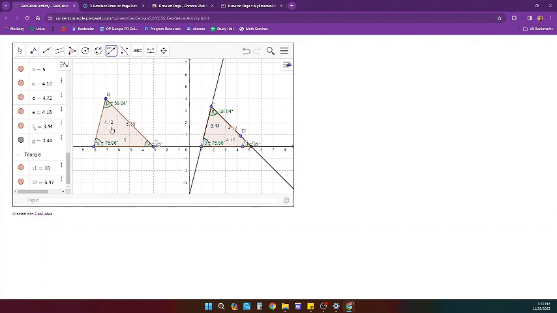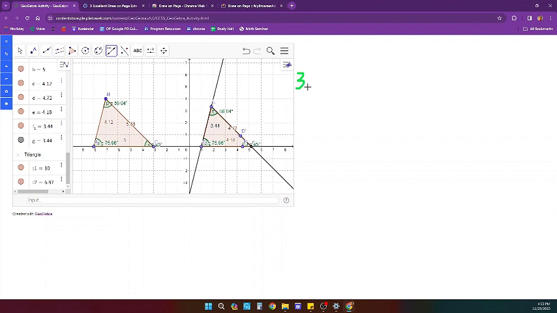So we have 4.12, 5.66, and 5 for ABC, and 3.44, 4.72, and 4.18 for our triangle DEF. And what the question is really asking is, can I transform or multiply the side lengths of one triangle into the other triangle using the ratio? And the answer is yes.